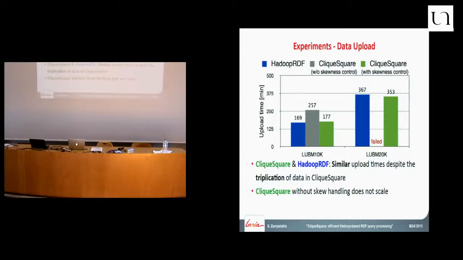What we can notice here is that ClickSquare and Hadoop RDF have similar upload times, despite the fact that in our system we store more information. We store each triple 3 times; we triplicate the data. Another thing we should note is that without handling skew, ClickSquare couldn't partition the data for the big dataset.